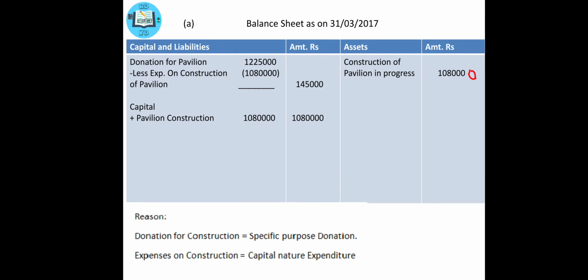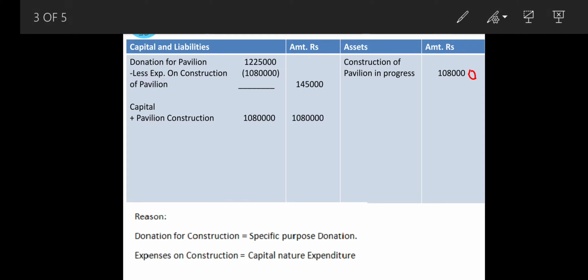So ultimately 10,80,000 will be reflecting with three effects: first, less from the specific donation; second, on the asset side whatever construction is done; and another one is add in the capital fund. And the reason behind that is donation for construction is for a special purpose and expenses are capital in nature, so we have to reflect it that way.